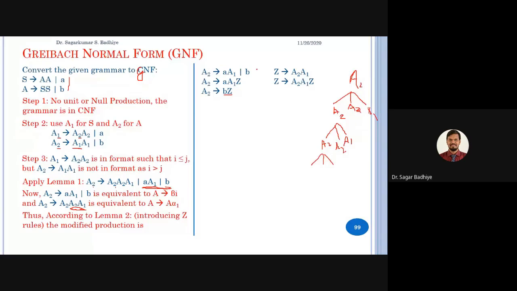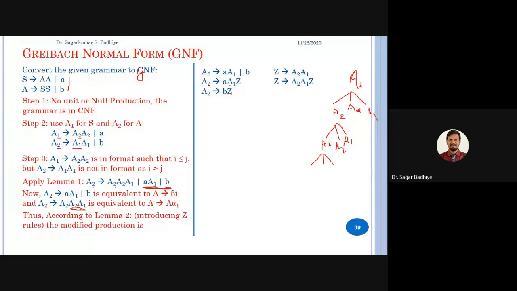Then second time I would be using the second rule. So A2 derives to B. So this will be directly a terminal string which is not equivalent to BBA. So this will also be eliminated. Then I will again do backtracking. This process is called backtracking when we move to the next step.